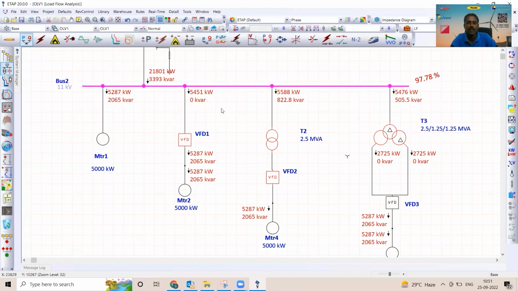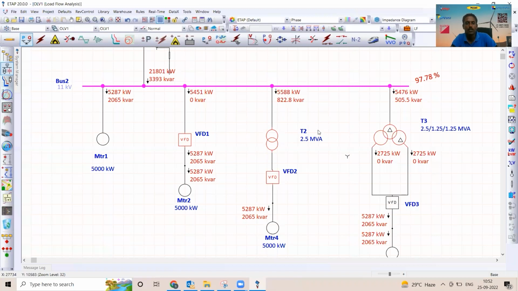But the beauty is the reactive power requirement becomes zero. That's because the variable frequency drives, not all of them, but at least the latest variable frequency drives are capable of maintaining input power factor as unity.